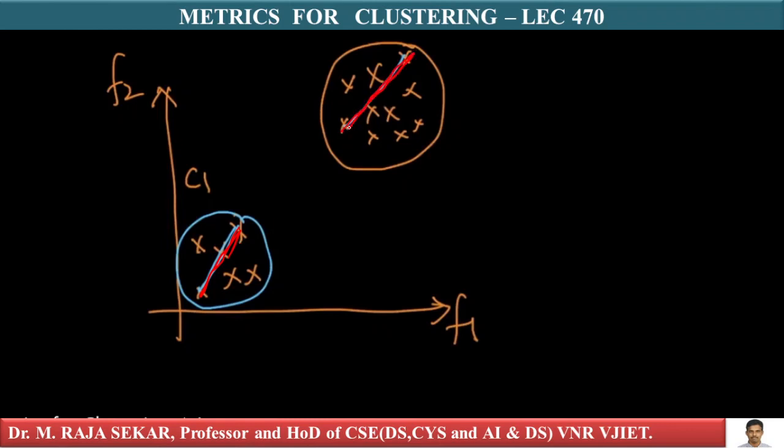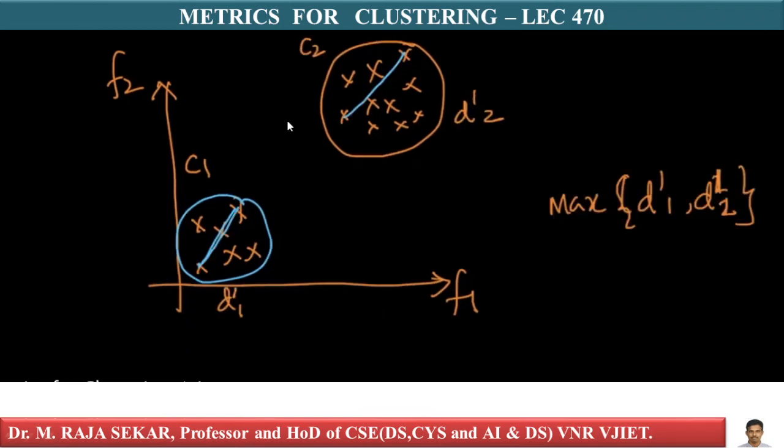So for every cluster, take the farthest distance and take the maximum among them. Let this distance be D1 dash and this one D2 dash. Then you take the maximum over D1 dash, D2 dash. That's the denominator in the Dunn index.